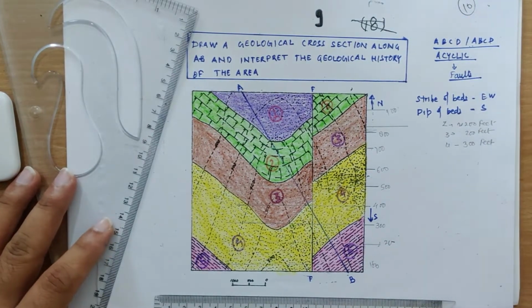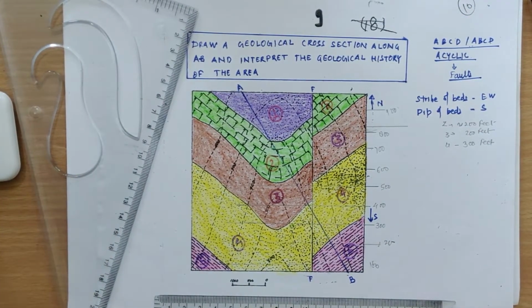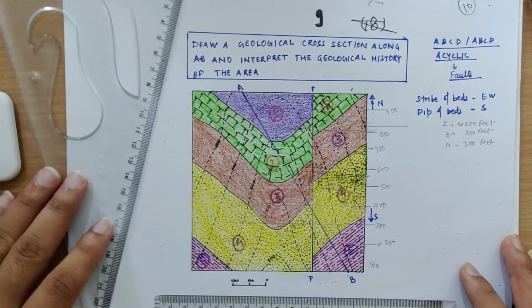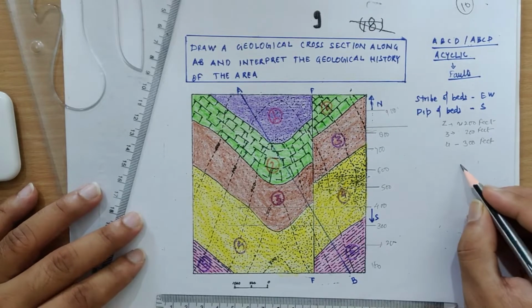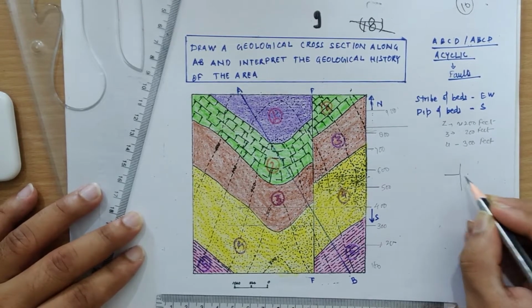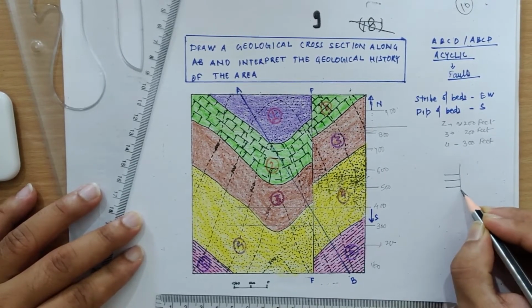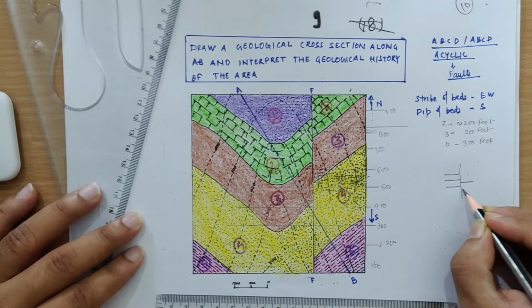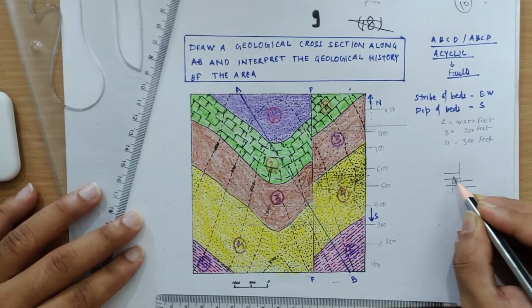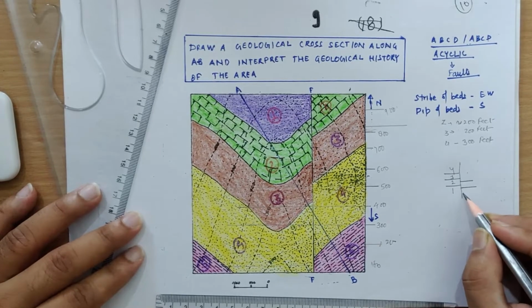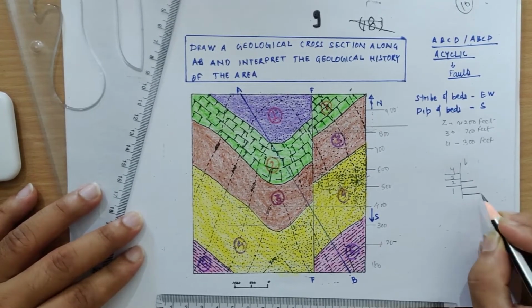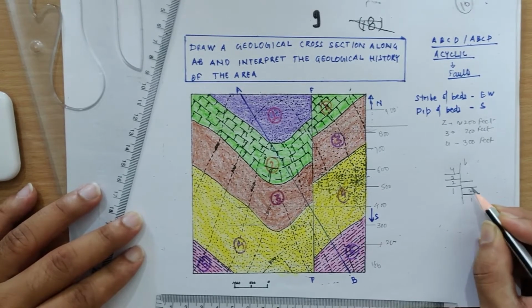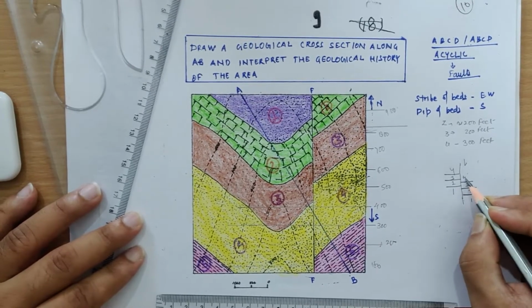Another thing, we need to determine the throw direction. It's a vertical fault, so we will have only throw. So what is the direction of throw? We have already learned from the earlier map. If we have got this type of situation, like we have bed number 1 here, 2 here, 3 here and 4 here, and if shifting has taken place in this direction, so this will be bed number 1, this will be 2, this will be 3 and this will be 4.